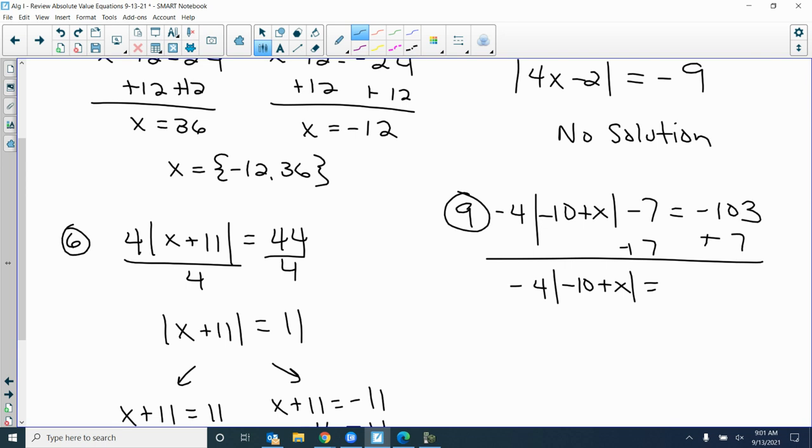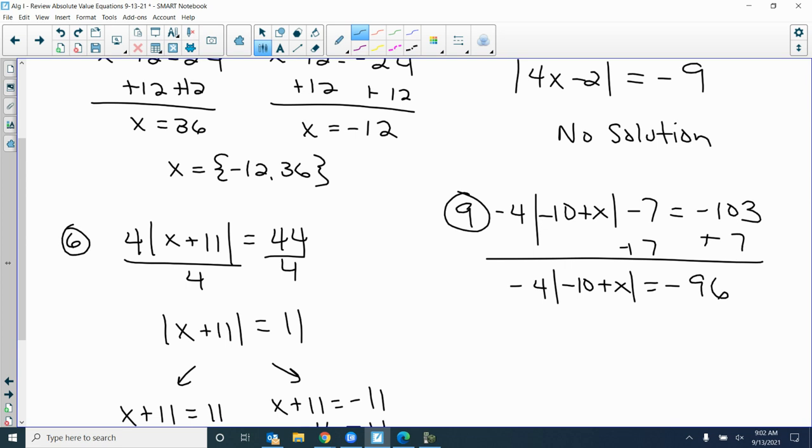Is that -96? Somebody give me a confirmation. It is. All right. What do I do now? Alex: Divide -4 by -4, which cancels out, and then divide -96 by -4, which gives you a positive number.